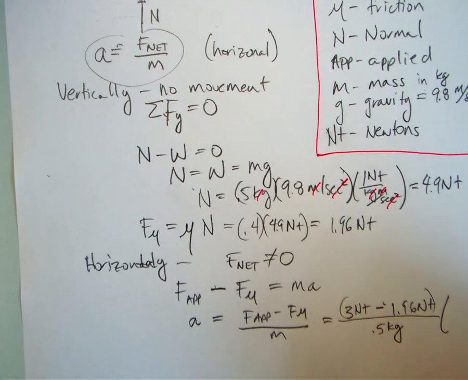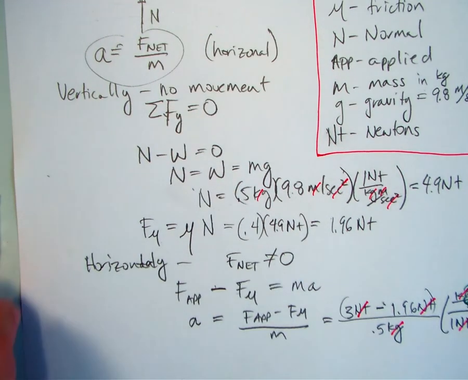And then we should say 1 Newton is equal to a kilogram meter per second squared. Well, look, we can see that our newtons will divide out, our kilograms will divide out, and we're left with what? Meters per second squared. That's an acceleration. Okay?